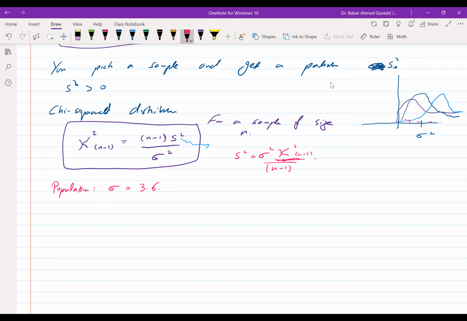And you want to make sure you have a tolerance level that there's a 90% chance, well, let's say a 95% chance that you can get a value of S square less than a critical value.